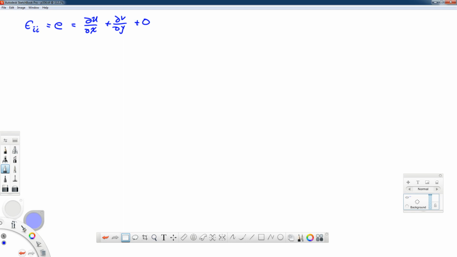We have our general stress-strain relations. We can cast these in terms of the Lamé coefficients. Sigma ij is equal to lambda epsilon kk, or little e, times Kronecker delta ij plus 2g epsilon ij.